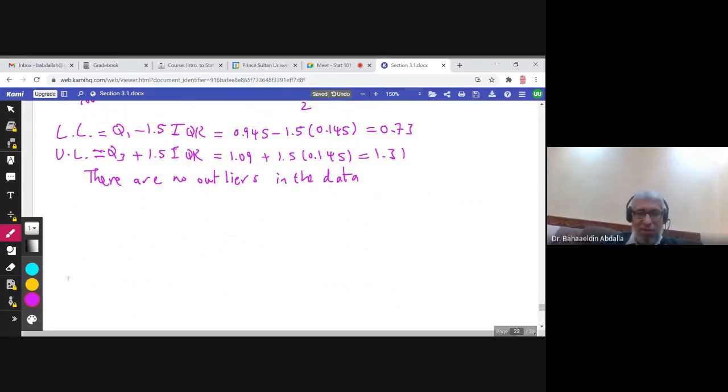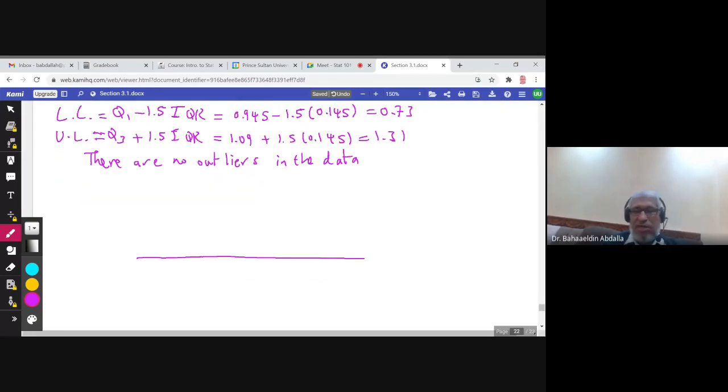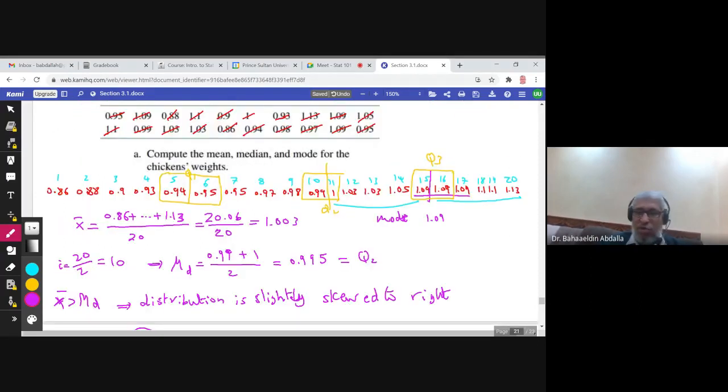Now, the most important point is to try to graph a nice graph for the box plot. So you start with the smallest number, which is 0.73. I can start at 0.7, for example. Okay. So what is the largest number I need to reach? 1.3, because 1.3 is larger than 1.13.